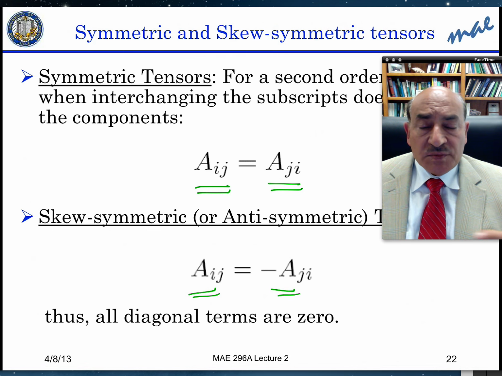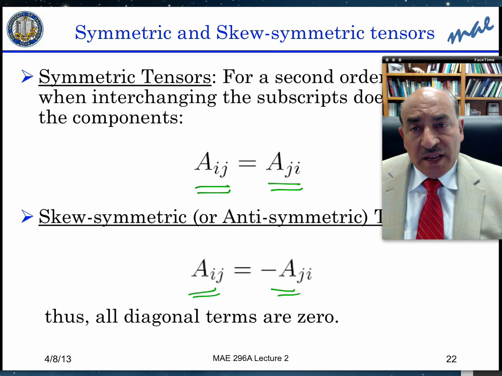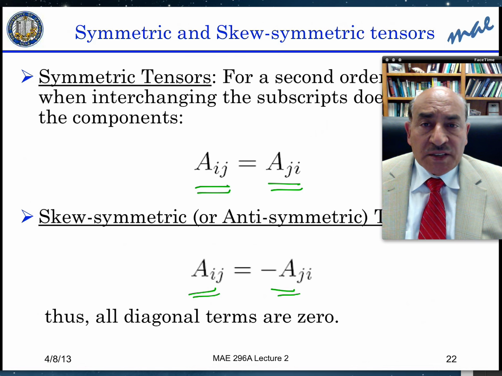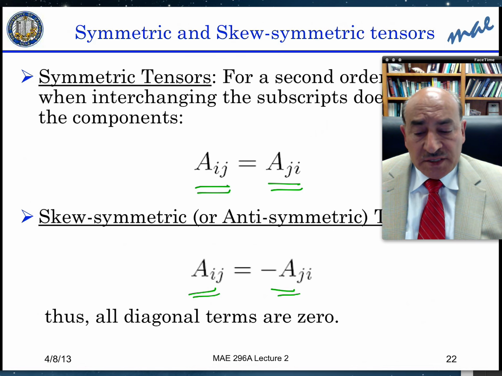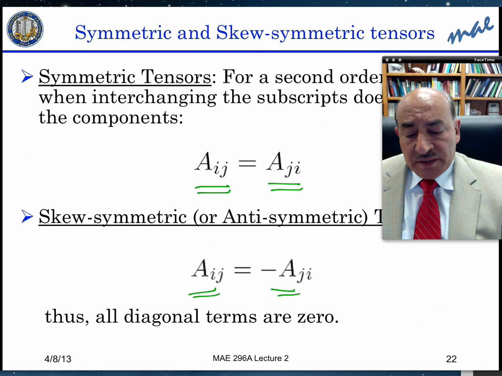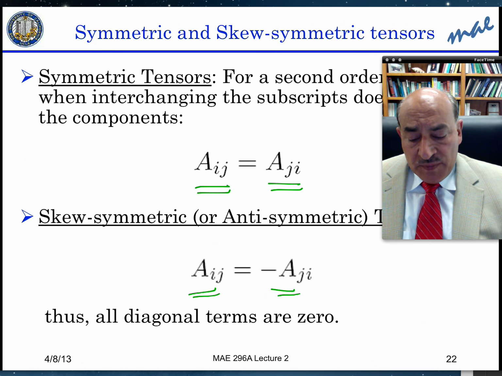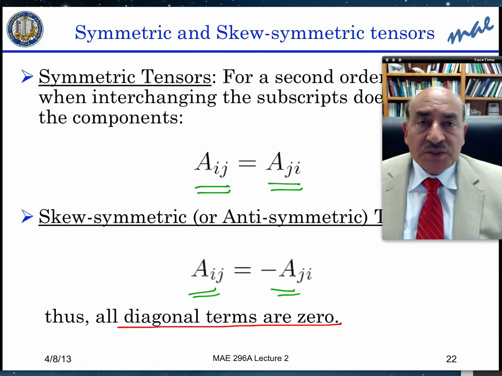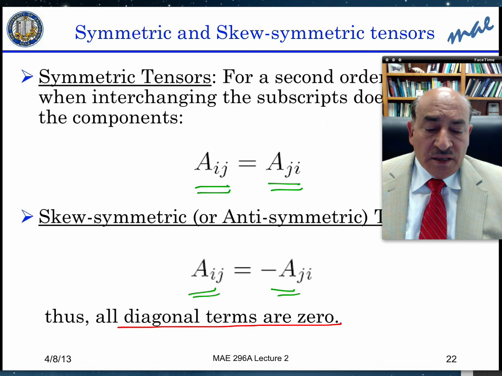It's like a matrix where the top half is the negative of the bottom half off the diagonal, and that gives us a skew-symmetric tensor. And if we have a skew-symmetric tensor, obviously we would expect that the diagonal terms are all equal to 0.